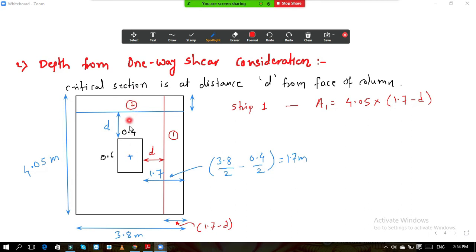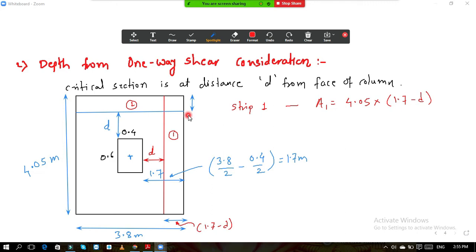And from this total distance from the center, we can minus this 0.3 as this total is 0.6, so we will get this total distance. And from that total distance, when you minus this d, you will get this strip.